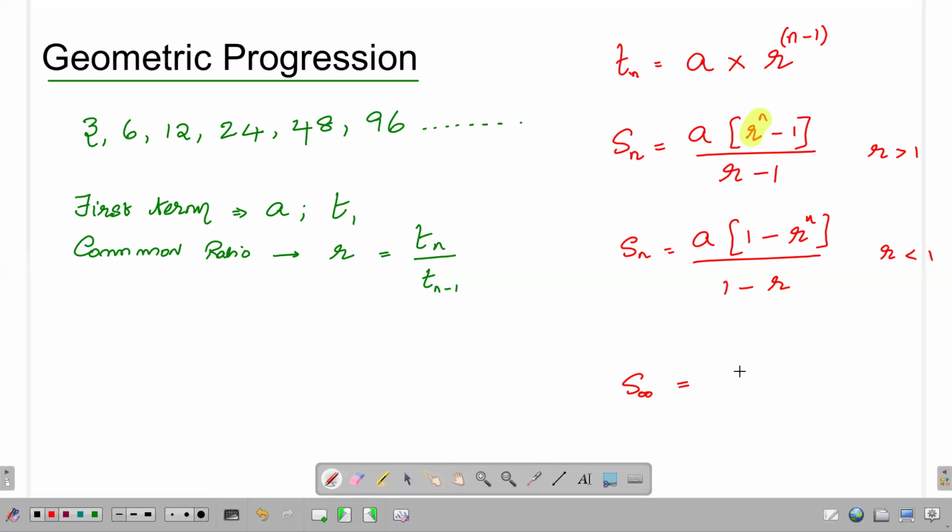Sum to infinity of a GP is given by a by 1 minus r. And please be aware, mod r should be less than 1. This is the criteria. So these are the main formulae as far as geometric progression is concerned that you must know. Nth term, sum to n terms, there are two situations there, depending upon the value of r. And also the sum to infinity, which is a by 1 minus r.